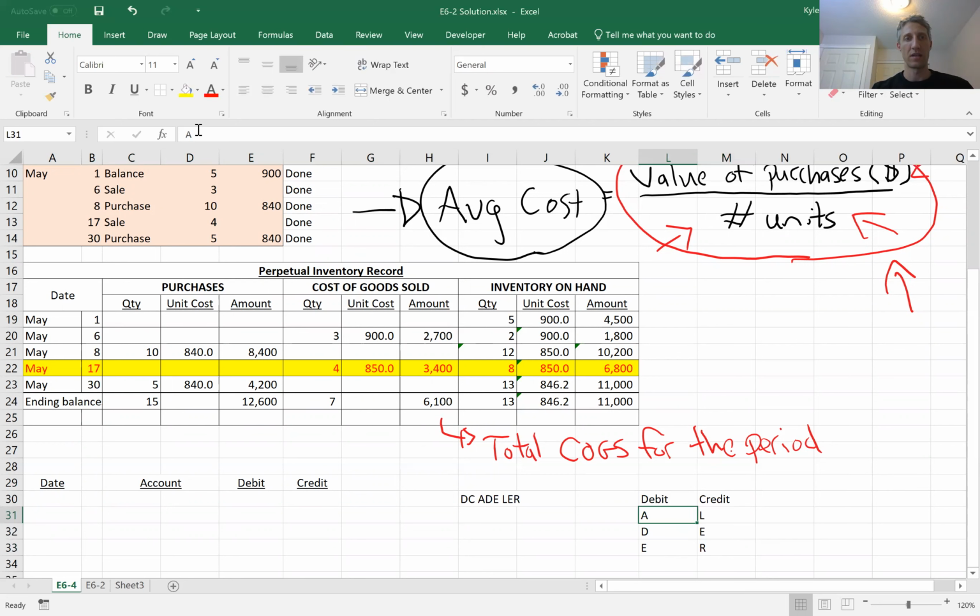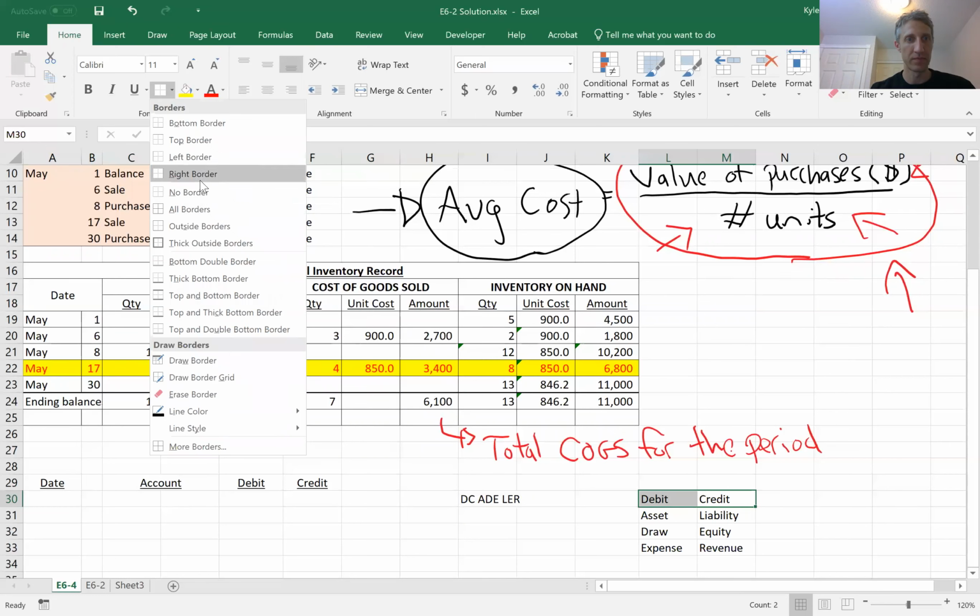So asset, draw, expense, liability, equity, revenue.